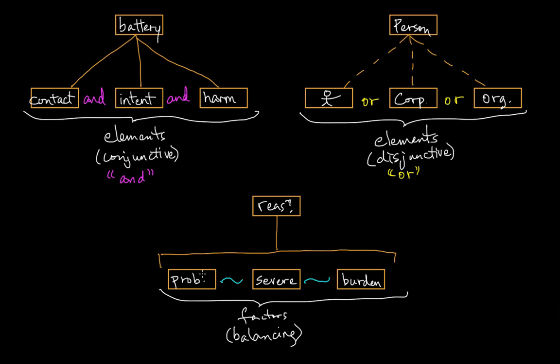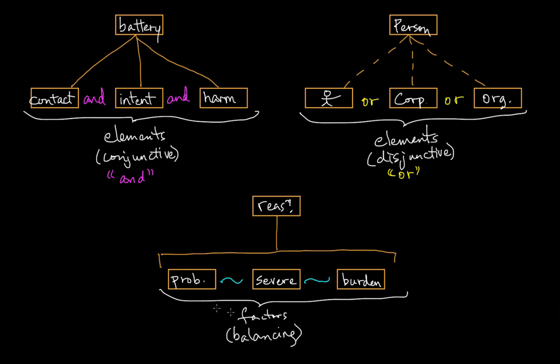Well, that alone would seem to suggest that that landlord should probably fix it. But even if there is an injury, if the severity is extremely low, and let's say that at most, even if there is an injury, you'll get a hangnail, and the burden is very, very high. It'll cost $1 million to fix it. Well, then even though there's a high probability of injury, on balance, it's probably reasonable to say that the landlord doesn't need to fix that.